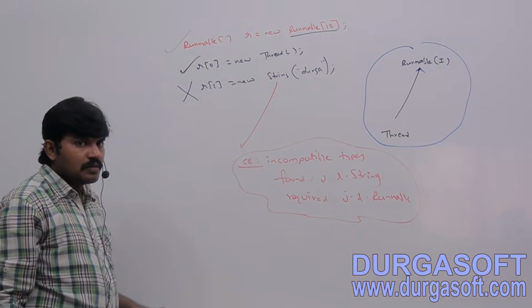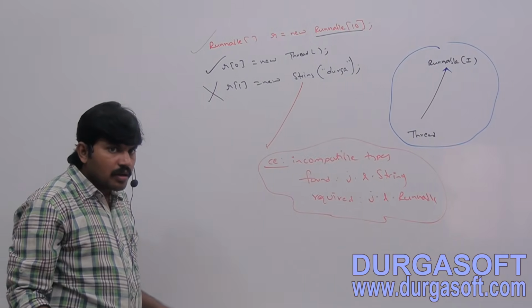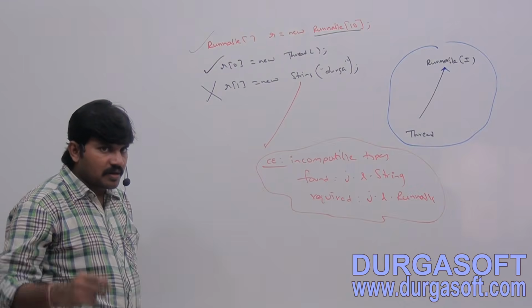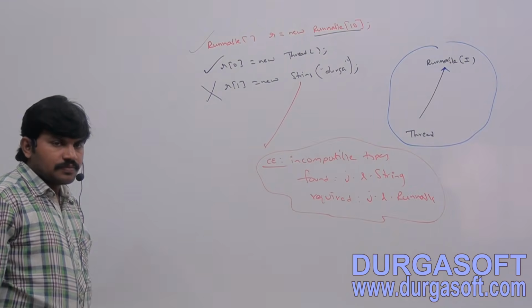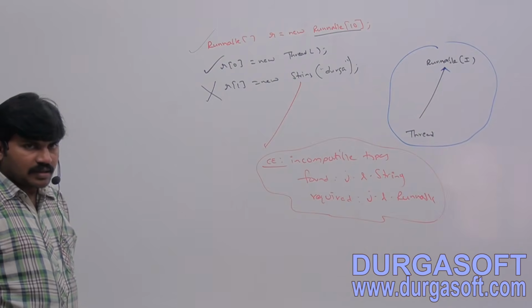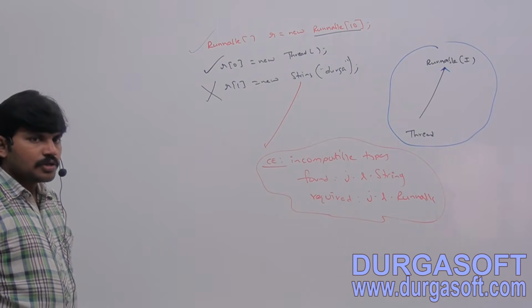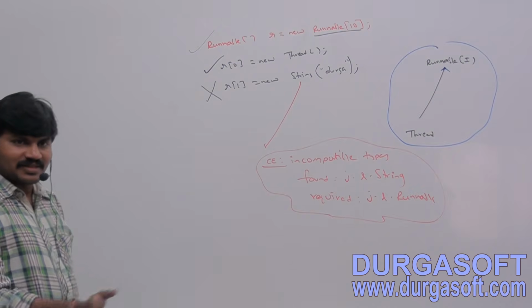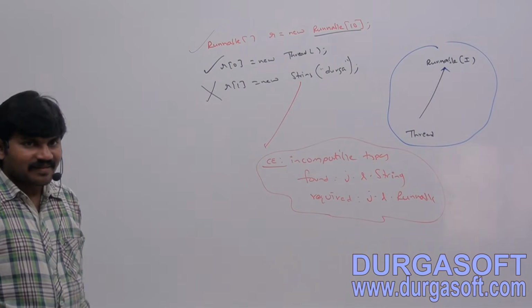Compile time error, right? A Throwable object: compile time error, because Throwable doesn't implement Runnable, either directly or indirectly. Throwable is what type? Exceptions, not threads.